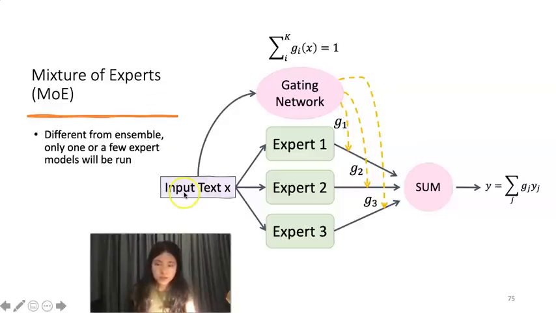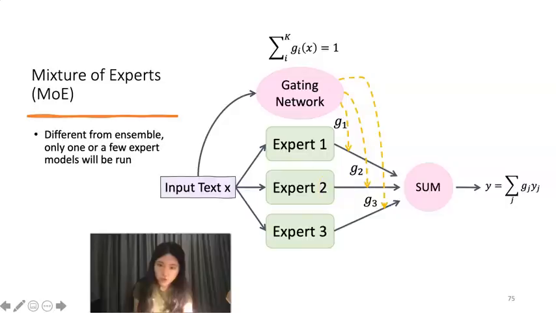Think about it in this way. We have this input text X. We have three essentially identical expert models, let's say expert 1, expert 2, and expert 3, and a gating network. This gating network will basically generate a 0, 1 number or another number as an indicator to signal which expert model will be used.